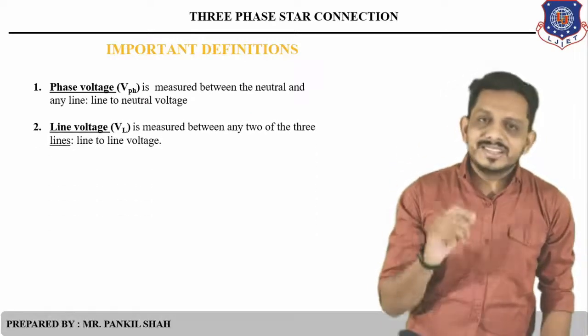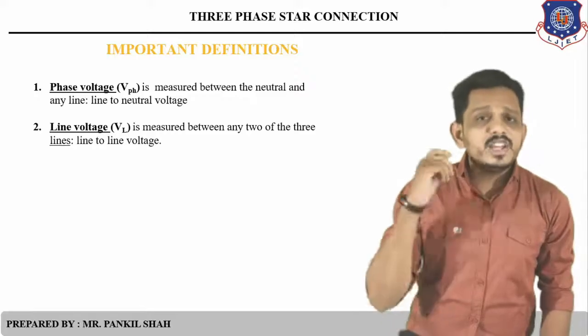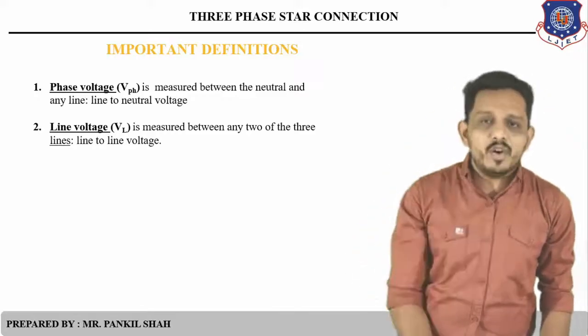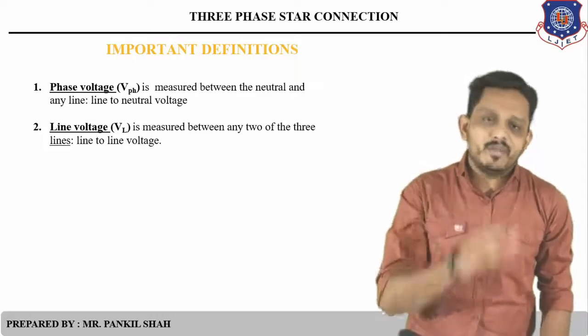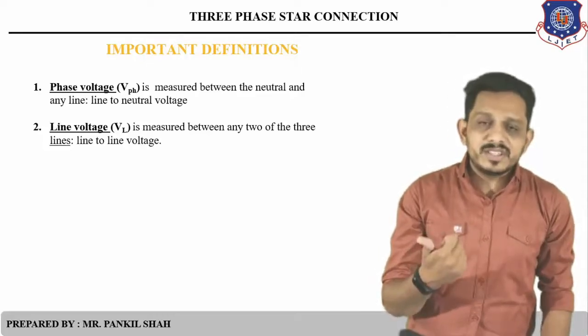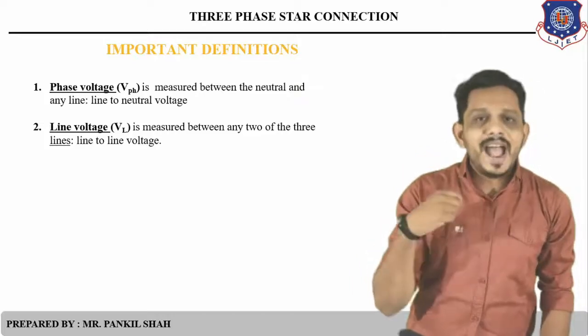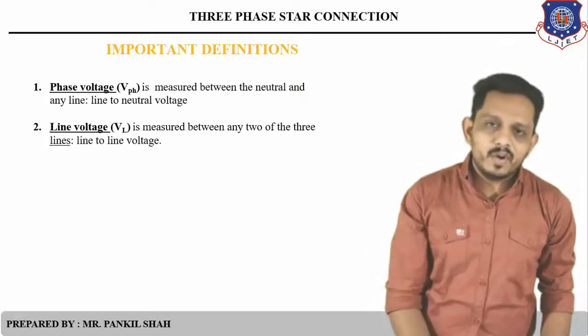Second definition is the line voltage. The voltage measured between any two lines of the system or the load is known as the line voltage. So you can say line to line voltage. Phase voltage is the line to neutral voltage and line voltage is the line to line voltage.